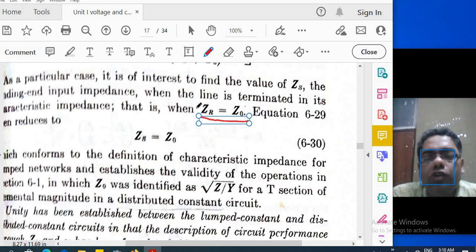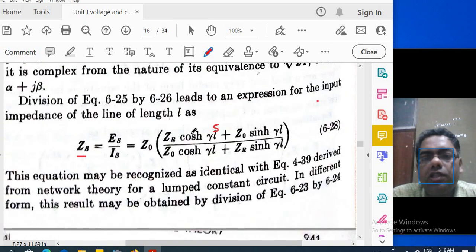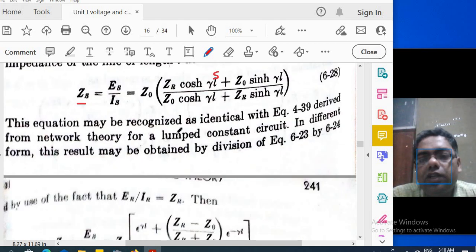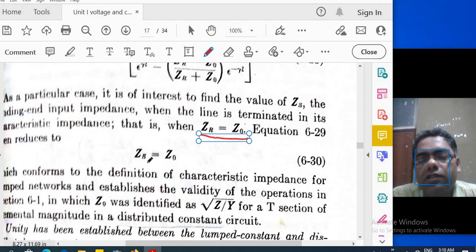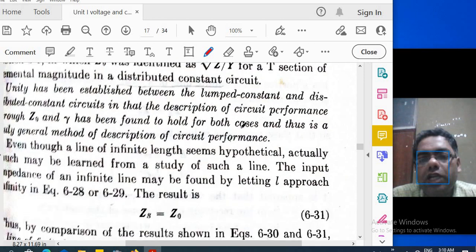When you put ZR equal to Z0 in this equation, you will see that the numerator inside the bracket becomes the same as the denominator, and you get the input impedance equal to Z0. That means the line is totally matched. Z is equal to Z0.